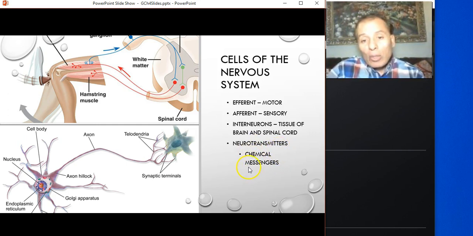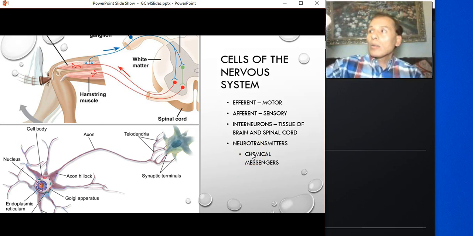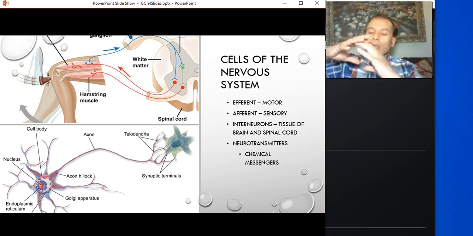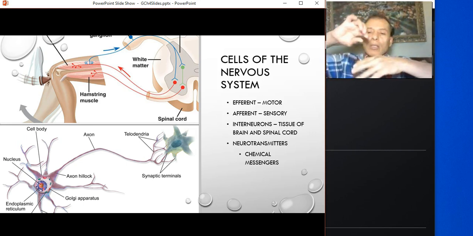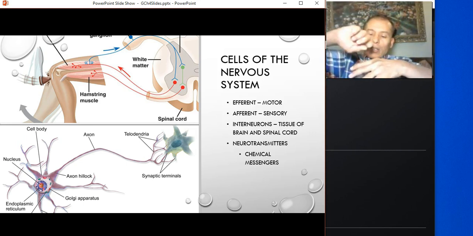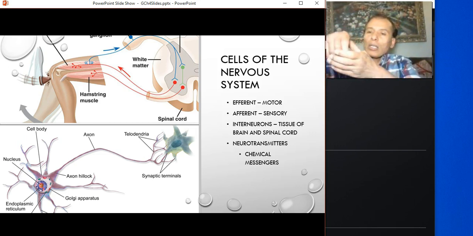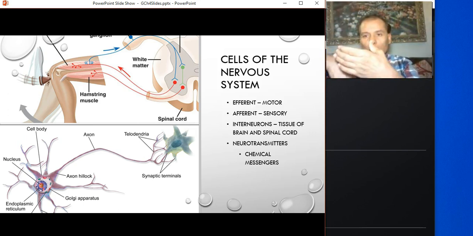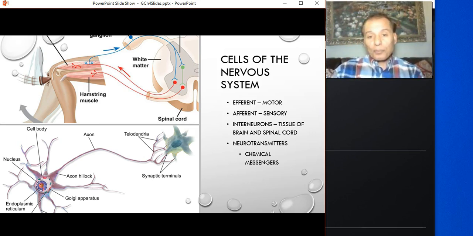So these are chemicals that go on a channel on the membrane of a neuron and dock like a key to a lock. And once they dock on the surface of a channel, that channel is going to either open to allow certain chemicals to go in and to bring the signal in, or it is going to close so that it can stop the cell, or can inhibit the functioning of the cell. So these are again called chemical messengers or neurotransmitters.